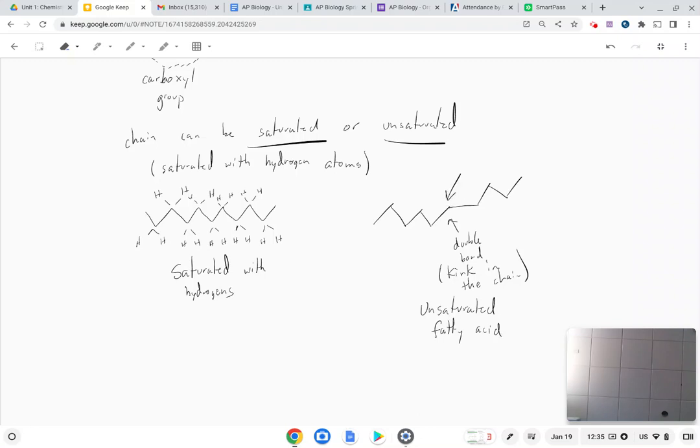And if you want, you can add a little arrow here that says we've got missing hydrogens, which means it's not fully saturated, right? And so it leaves this double bond, which kinks the chain and makes it not straight. There's a bend in the chain.